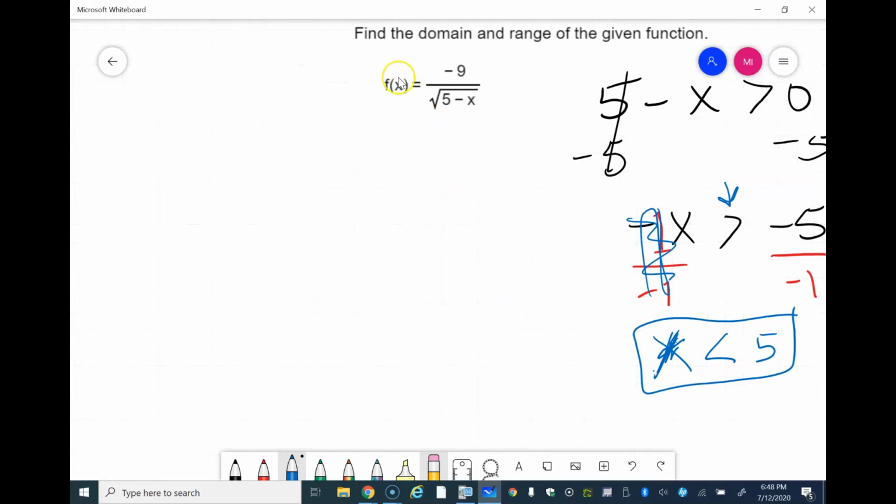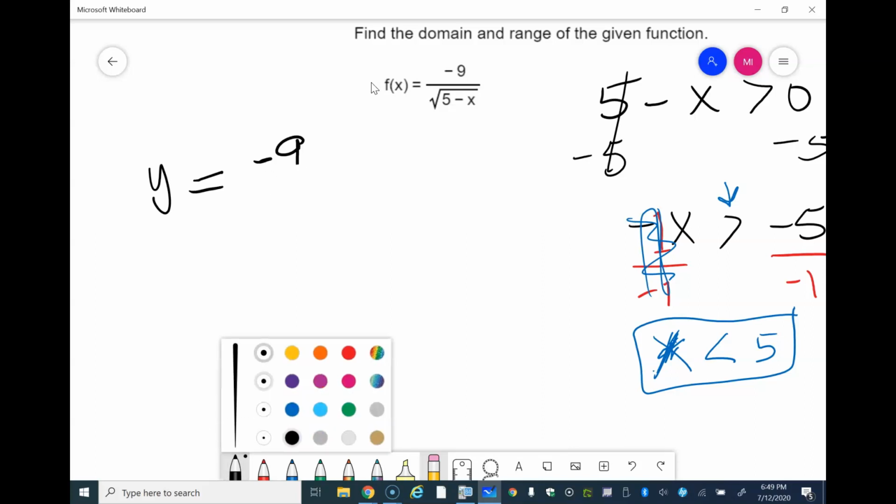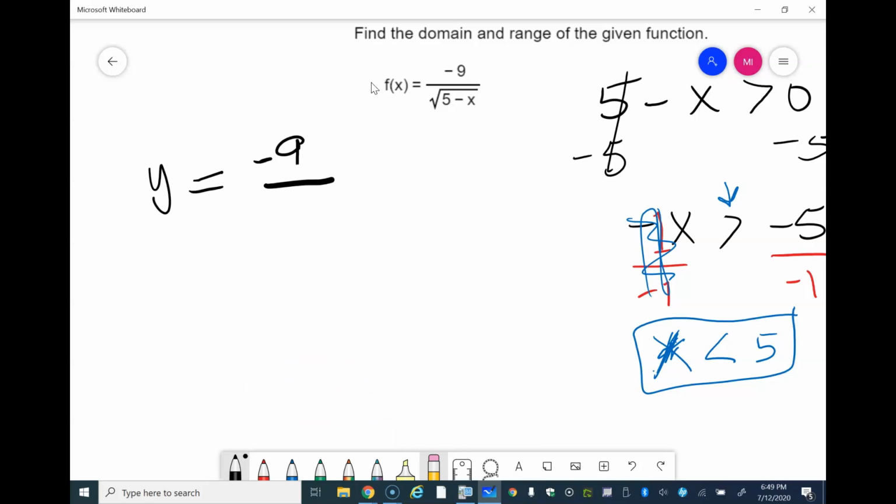what we want to do is this f of x represents y. So we have y is equal to negative 9 over the square root of 5 minus x.